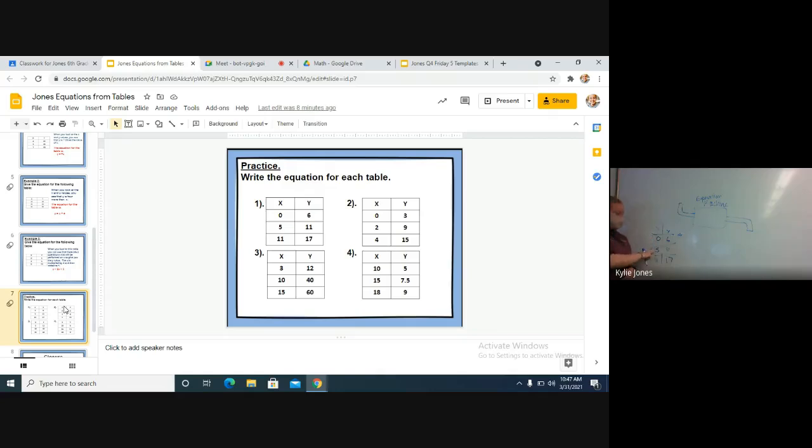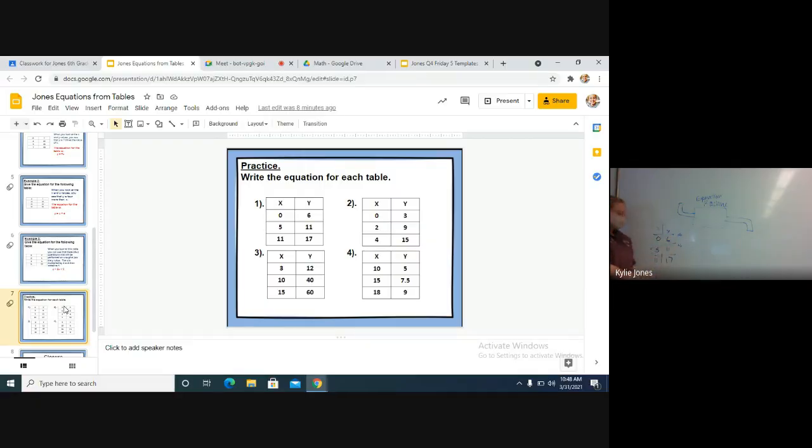What about this one? From 5 to 10. We can add 6. I heard multiply. That's a good point. We could multiply by something and subtract to get to 11, right? Does the 6 have to go into all of them? Yeah, the rule has to work for all 3 of the ordered pairs we're making.